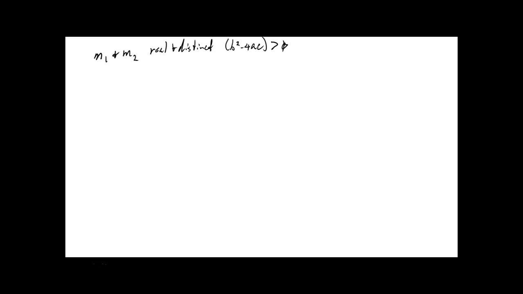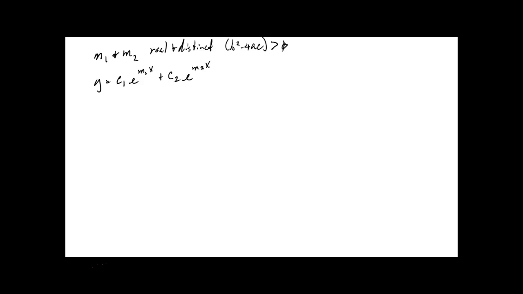Now, if that's the case, here's your general solution. y is equal to C1 e to the m1 x plus C2 e to the m2 x. That's it. Two real distinct solutions. That happens anytime your b squared minus 4ac is positive, greater than 0, then those are your solutions. Exactly what you would expect.